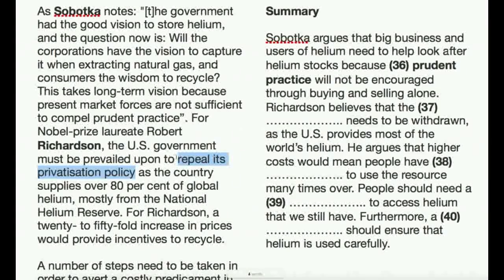If you repeal a law, that means the law will not exist anymore. They're going to take away the law. So that is similar to withdrawn here. So it looks like the answer is here. It's the privatization policy that's being repealed. So something needs to be withdrawn. Privatization policy. So it looks like this is the answer.